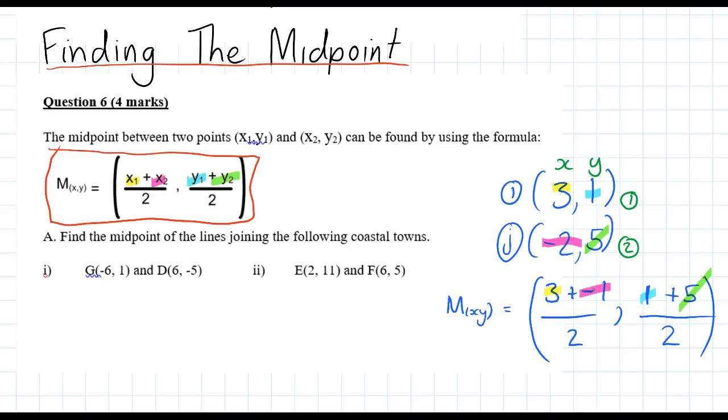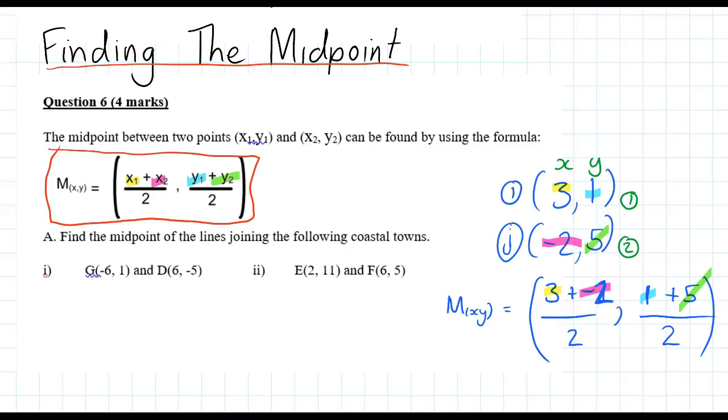So 3 plus minus, sorry, that must have been very confusing. I wrote minus 1 instead of minus 2.